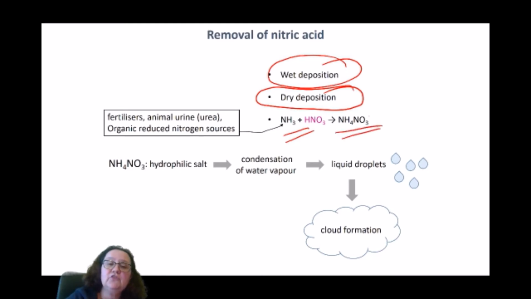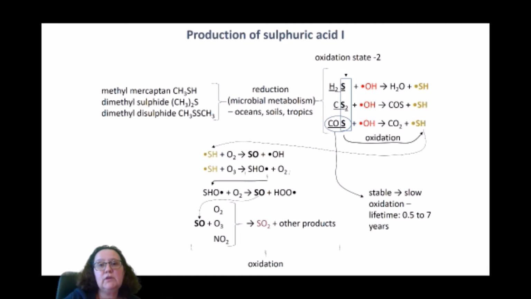This ammonium nitrate is a hydrophilic salt, so it attracts water molecules and makes water condense into droplets that eventually form clouds, and they come out as rain. So as you can see, there are a couple of different processes that mean the nitric acid is deposited on the ground. The other key component of acid deposition is sulfuric acid.